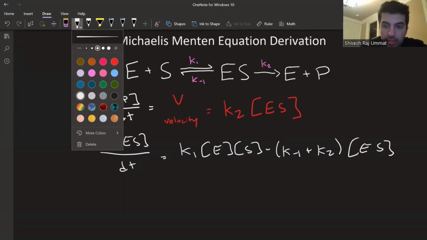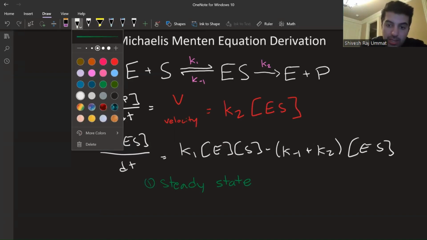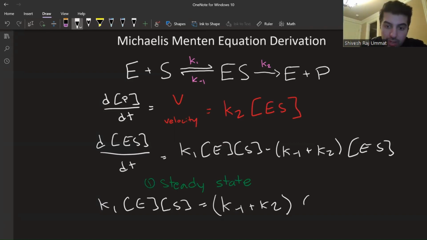And at this point, we can actually apply our first assumption of the steady state. So the steady state assumption is going to allow us to set the rate of consumption equal to the rate of production. And once we have that, we're going to be able to solve for the concentration of ES and plug that back into our velocity equation. So we can go through the steps here by setting these rates of reaction equal to each other.